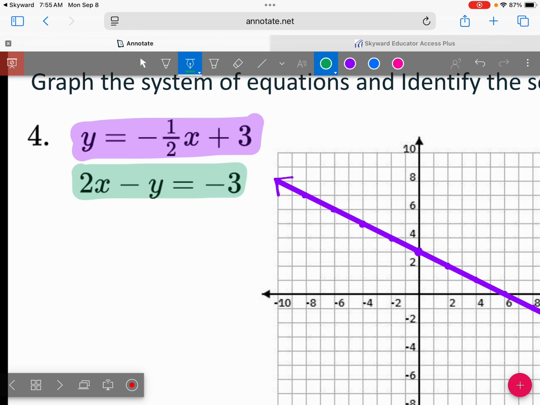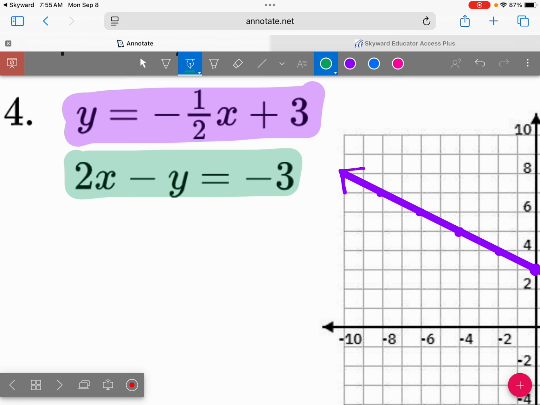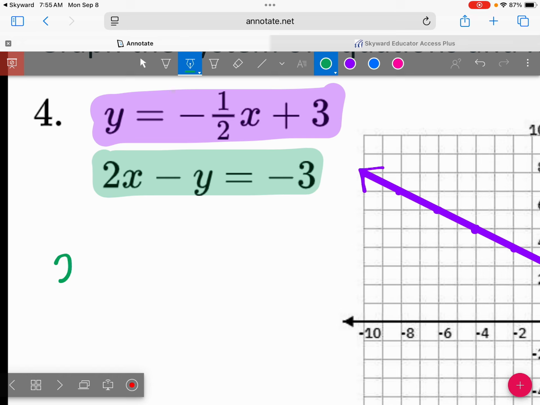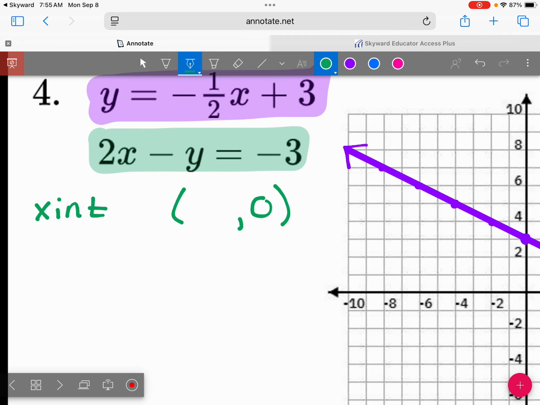Then to get our green line here, I'm going to do my x and y intercepts again. So if I do my x-intercept, that's going to happen when my y is 0. And we're going to have that 2x equals minus 3.